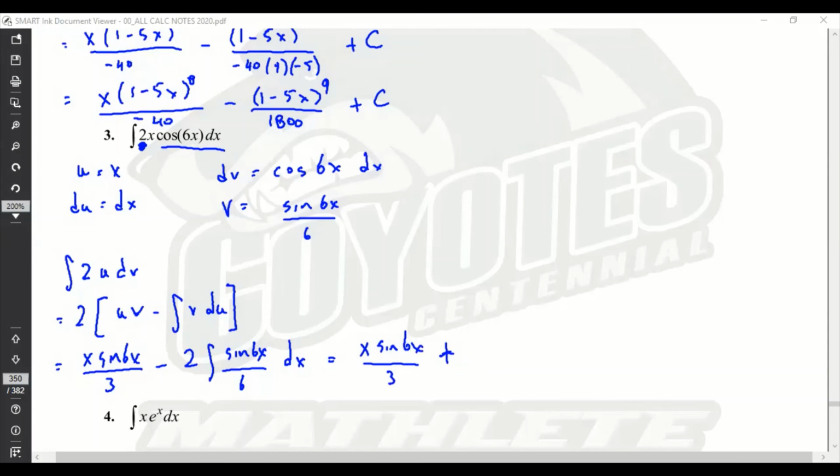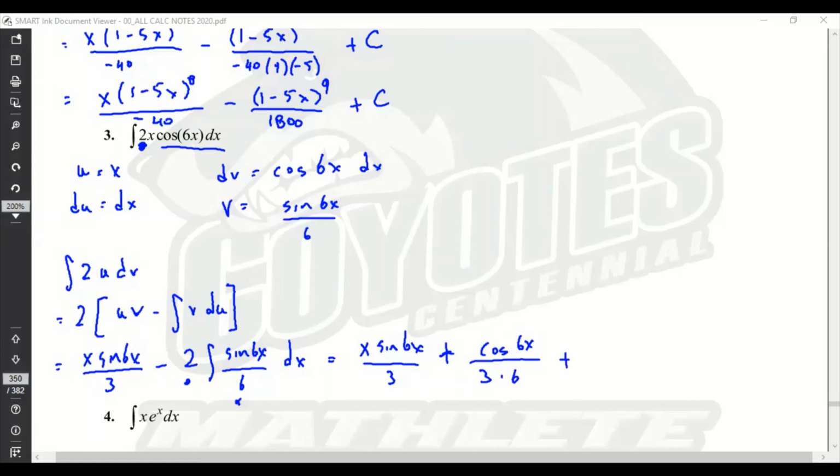And let's integrate that. So plus cos 6x. It was already over 3, this 2 over 6. But when we integrate sine 6x, we get negative cos 6x over the derivative of 6x. So that's times 6 down there.